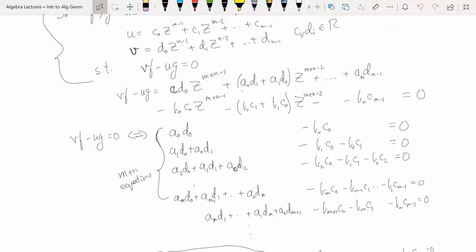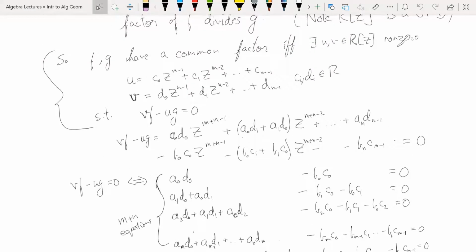So what I'm going to do is write these equations and then convert them into matrix form. Yeah. So we are trying to find U and V which satisfy this; given F and G, we'll look for U and V of this form. Yeah. So we are trying to solve for these Ci's and Di's.